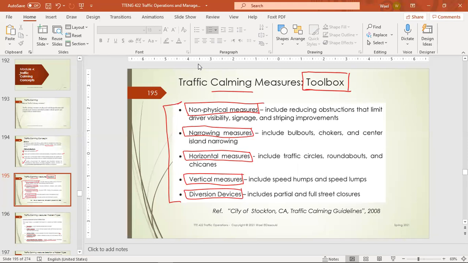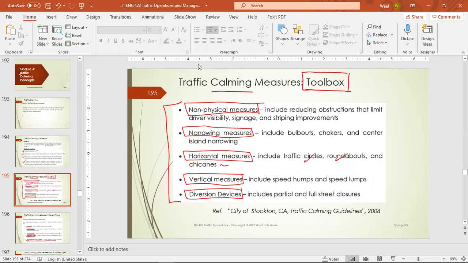These are means to shrink the road width or the travelway width for vehicles, which is one of the measures to force drivers to reduce their speed. The horizontal measures include traffic circles, roundabouts, and chicanes. Chicanes are not very common, by the way, but the most common are roundabouts and traffic circles. They force drivers to slow down.